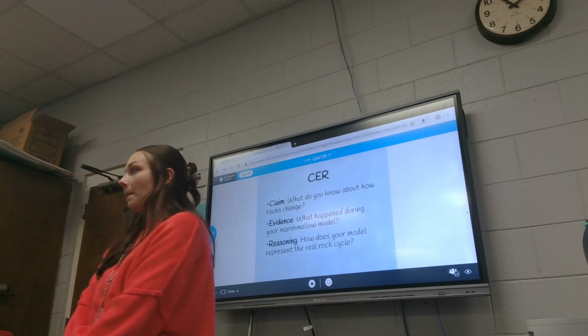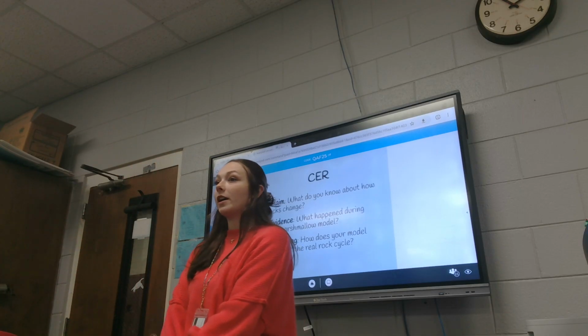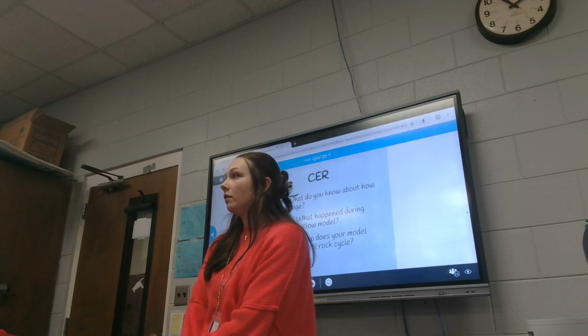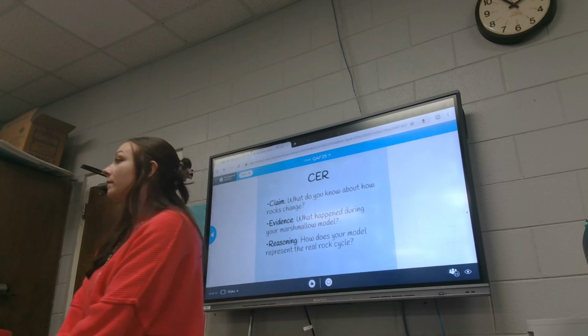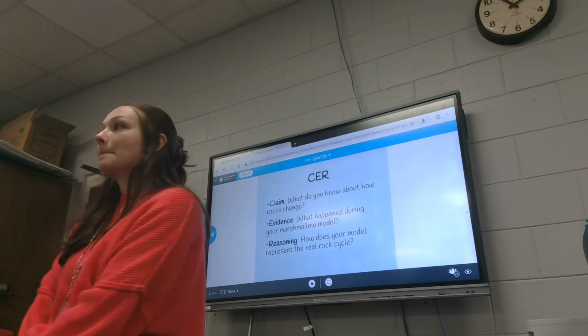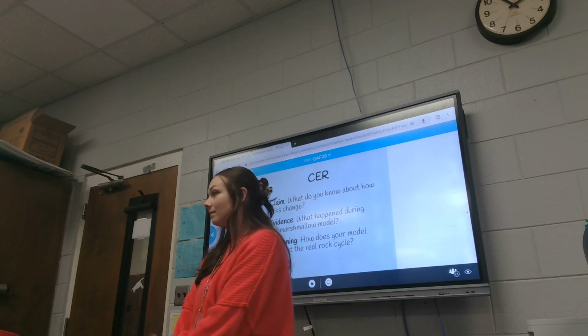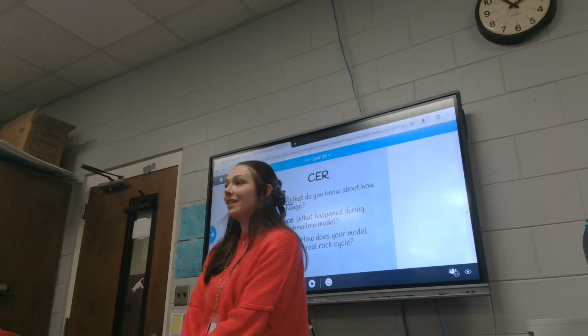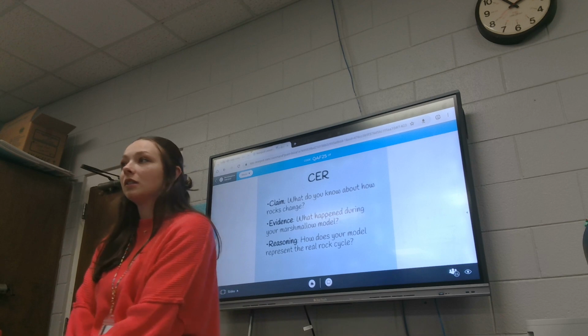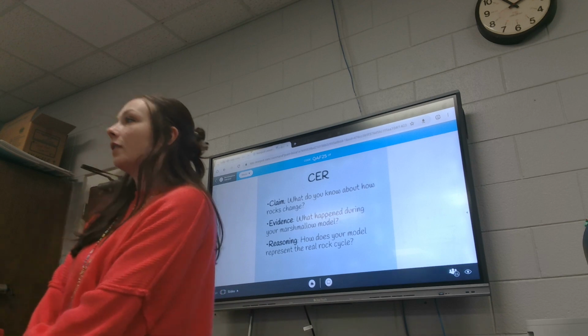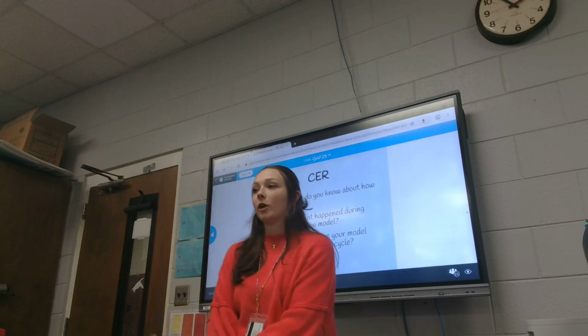Underground trying to get to the surface. Yep, lava came from underground and cooled down. How did sedimentary rock form? Sediment getting all mushed up together. From pressure. Different pieces of other things forming from pressure.